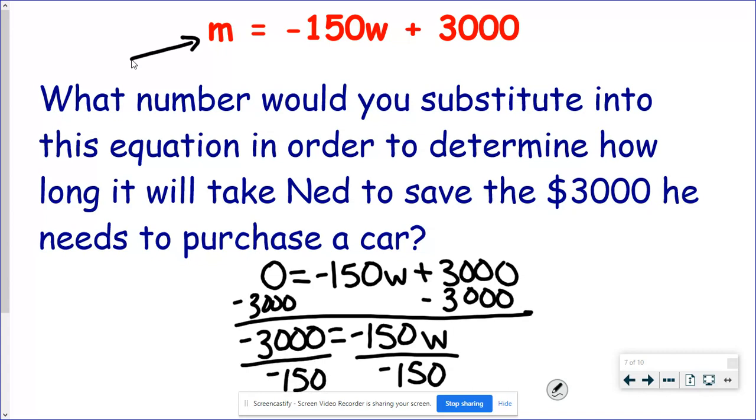You can absolutely use your calculator here, but also realize you can get rid of some of those zeros. 30 divided by 15 is 2, so 300 divided by 15 is going to be 20 weeks. So he's planning ahead. He knows that in 20 weeks he'll have enough money to go and get that car.